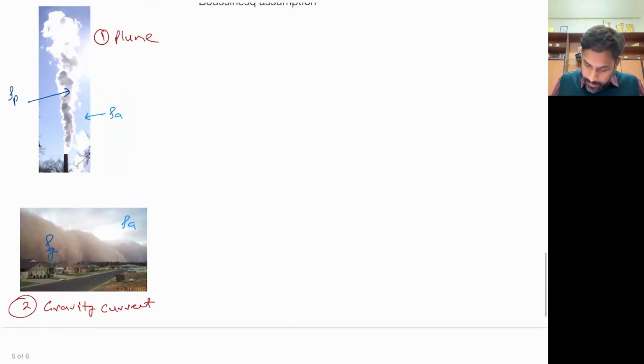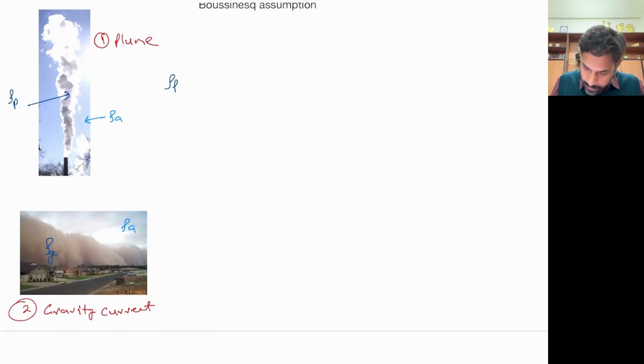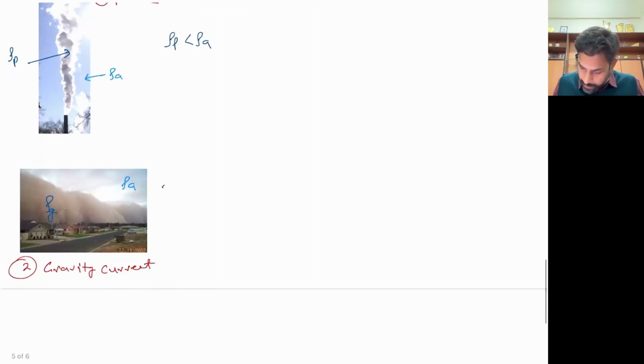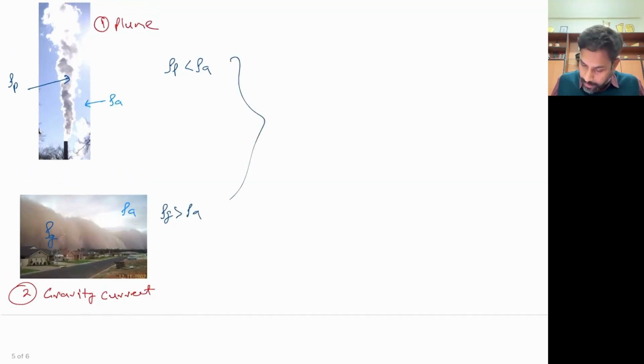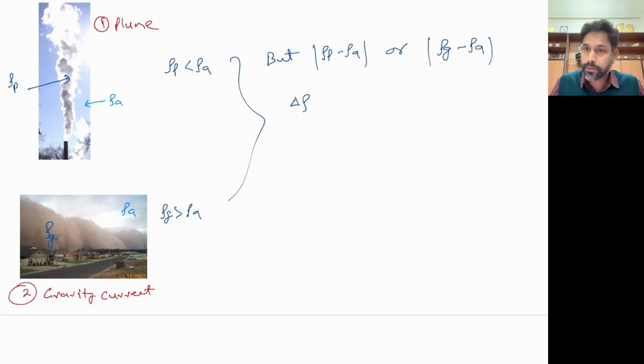And in both the cases, in this case rho p is smaller than rho a, in this case rho g is greater than rho a, but rho p minus rho a or rho g minus rho a, so let's call that delta rho, is not very large. Okay, they are large enough to create the flow, but the difference is not very much.